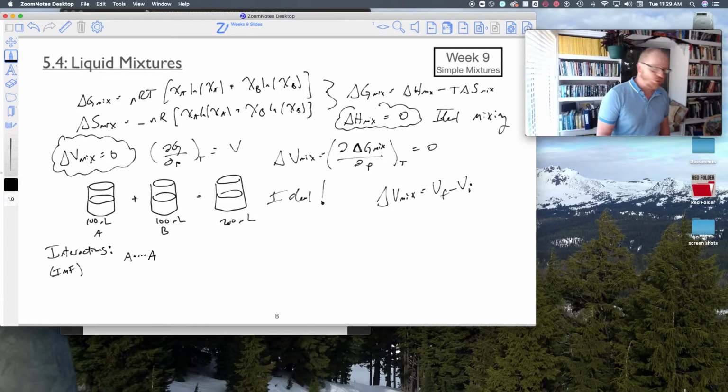So there's an interaction between an A and an A, an interaction between a B and a B, and then, of course, there's also going to be an interaction between an A and a B.